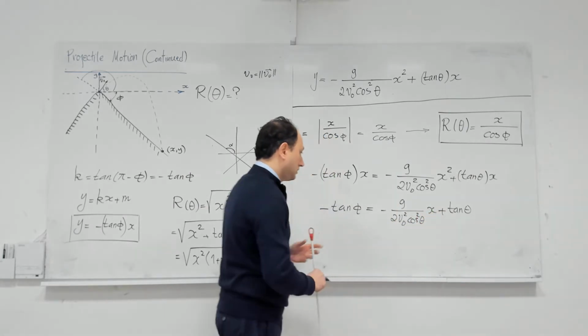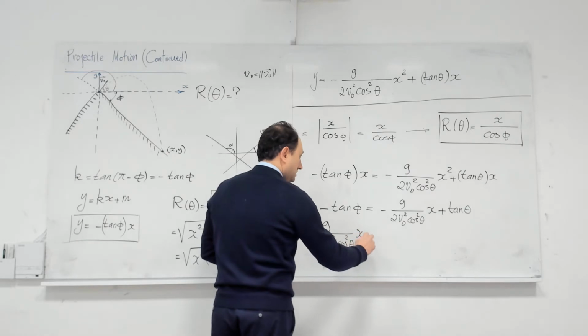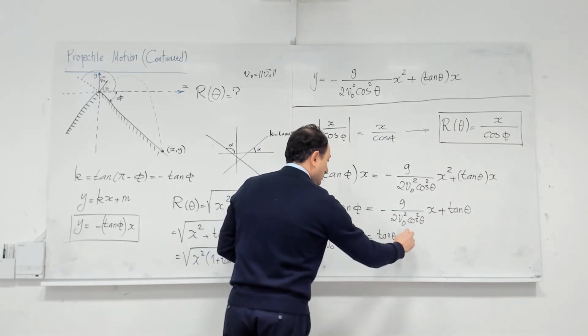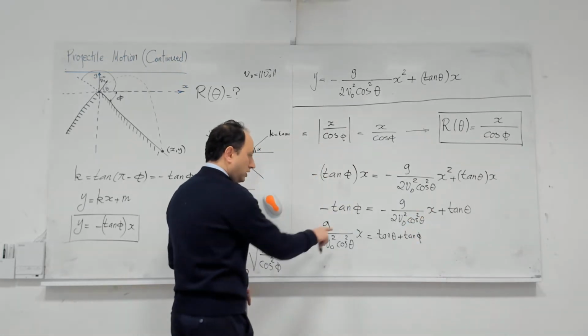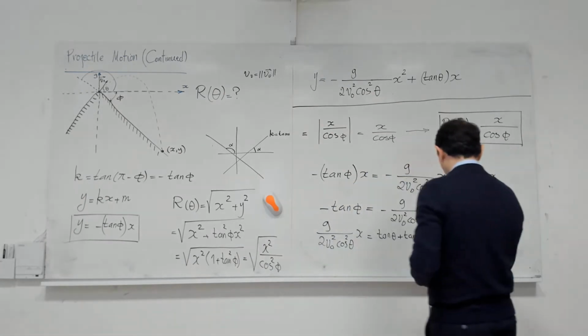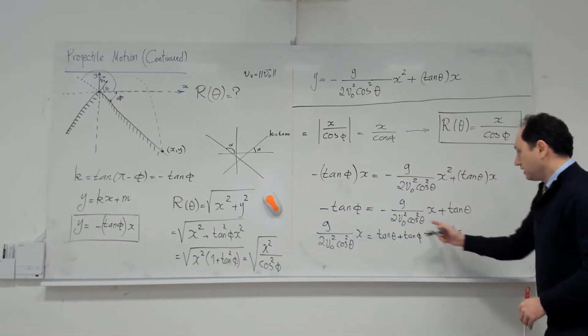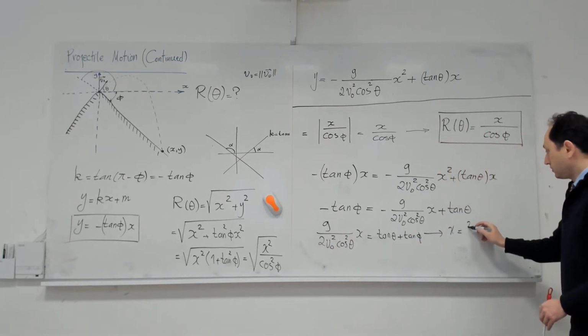So I move it to the other side, it becomes g over 2v naught squared cosine squared theta, and x equals tangent theta plus tangent phi, so you move this one to the other side, it becomes positive tangent of phi. And what I am looking for is x. So x becomes this expression multiplied by that divided by g. So I would write it like this.